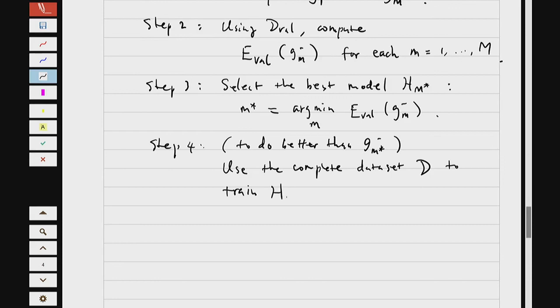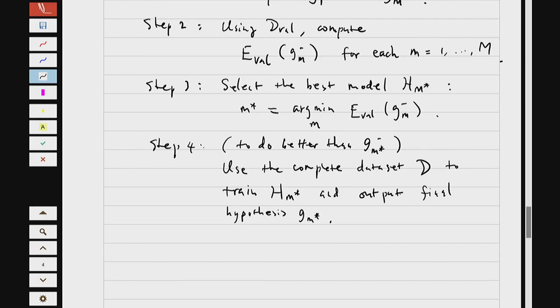Train HM star. And then we output that one. Output final hypothesis GM star. Okay, instead of GM star minus, we output GM star. Why not, right? Since we already know that this is a good one to use.